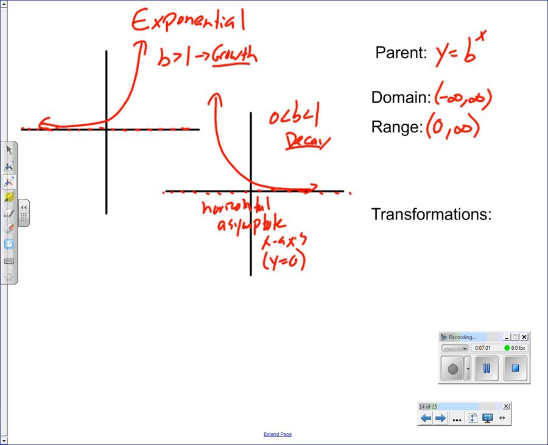So for transformations on the exponential function, the form will look like this: a times b to the x minus h, with h the horizontal shift up in the exponent where the x is, plus k.